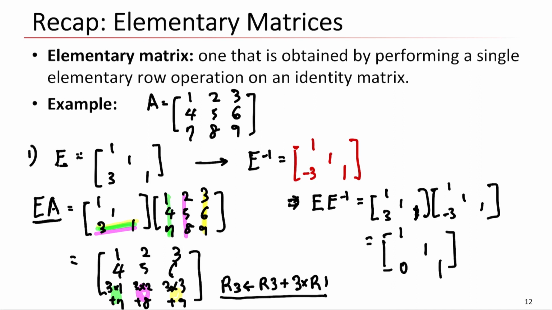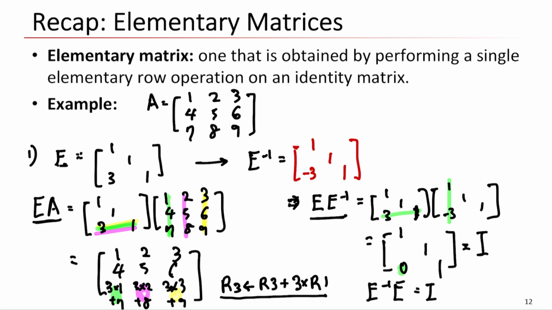Because 3 minus 3 equals 0. So we can show that E times E inverse is the identity matrix. Then we can easily derive that E inverse times E is equal to I.